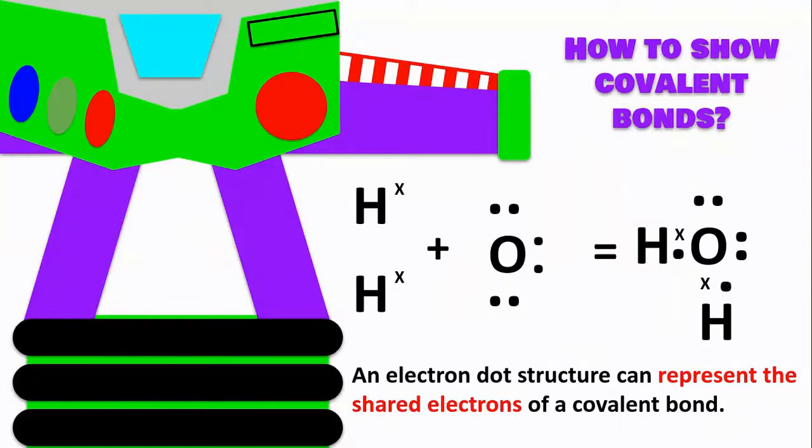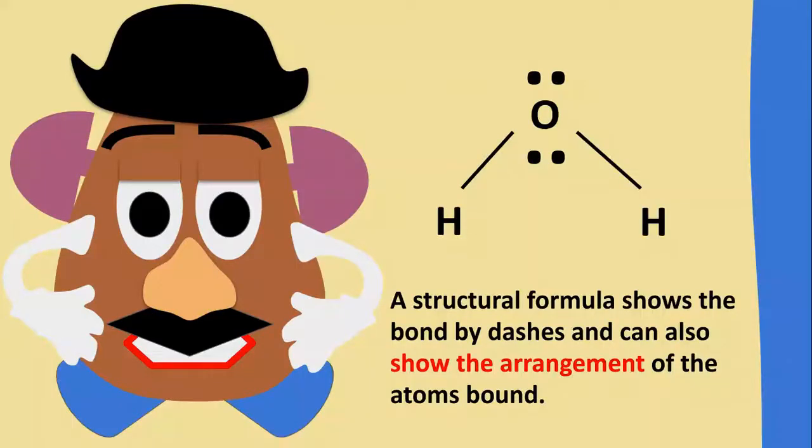We draw or show how covalent bonds are formed by using Lewis dot structures or by using what we call structural formulas. In a Lewis dot structure, we can put the electrons as different little shapes so that we can identify when they're bonded, like you can see in the example, or we can do it by structural formulas where the shared electrons become a line.